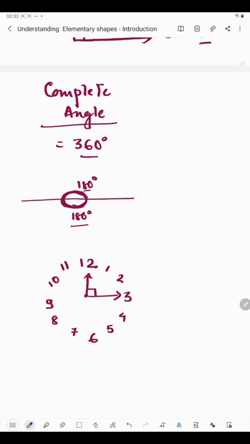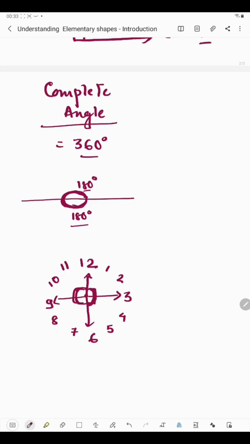Now suppose it turns through two straight angles. Straight angle means 180 degrees. Suppose this is a straight angle, and if you check the opposite side, see, 1, 2, 3, 4. Here this is a straight angle, this is also a straight angle, isn't it?